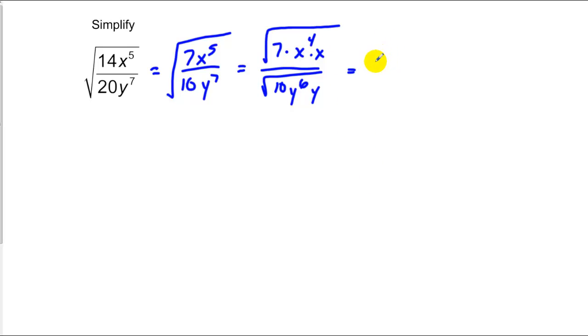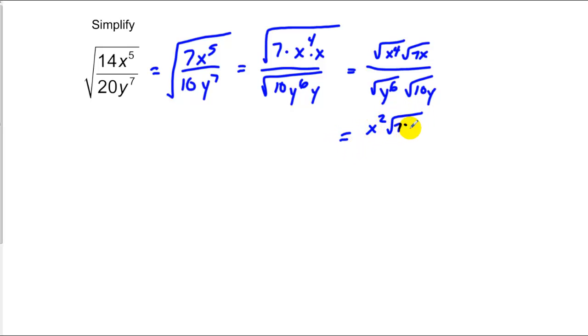I can simplify that a little bit more into root x to the 4th root 7x over root y to the 6th root 10y, which is x squared root 7x over y cubed root 10y.